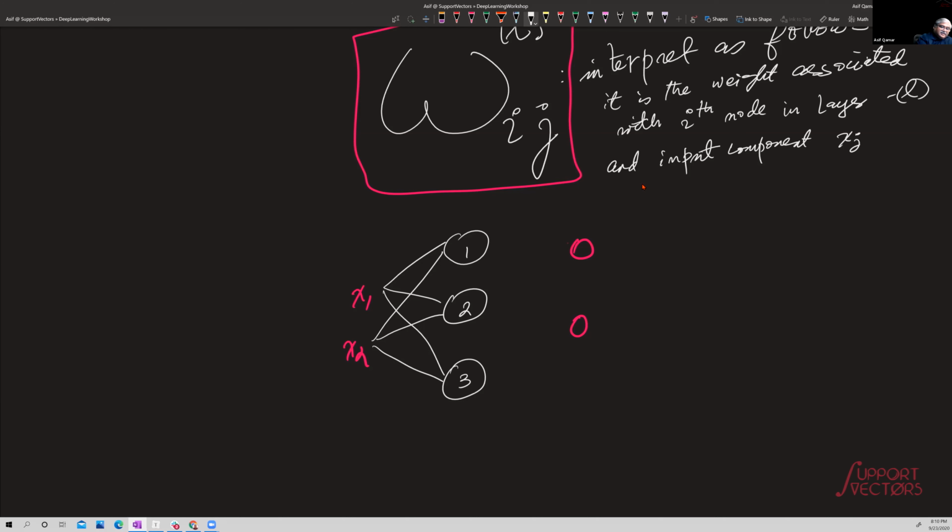So you would agree that this is W11 of the first layer, and this one is W12, and this one is W21, this is W22, this is W31, this is W32.